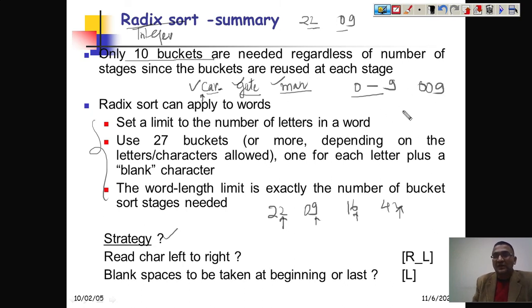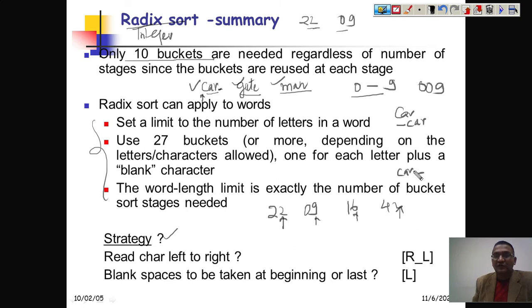Now what about if I say car, and if I want to represent this as a four-character word, then how am I going to represent it? Am I going to write CAR with the blank first, or CAR with the blank at the end? Now this is something very important that you need to resolve before you apply the Radix sort. So blank spaces are to be taken at the beginning or last.